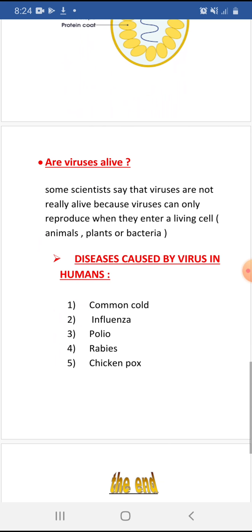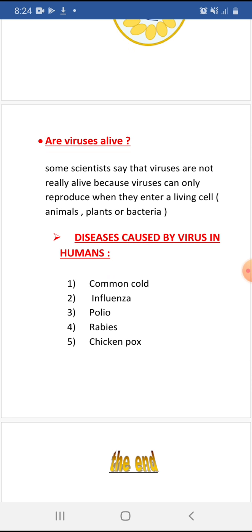And the next question arises: are viruses alive? Some scientists say that viruses are not really alive. Why? Because viruses can only reproduce when they enter a living cell. Whenever they find a living host, they start reproducing, and they make hundreds of copies of themselves.